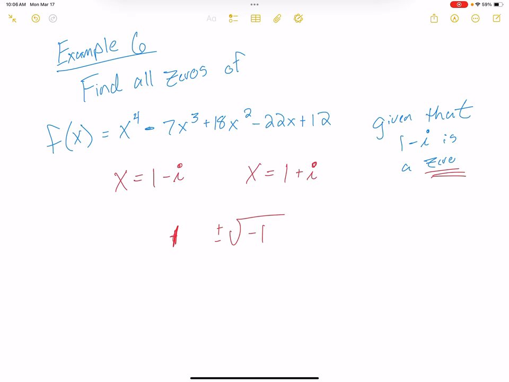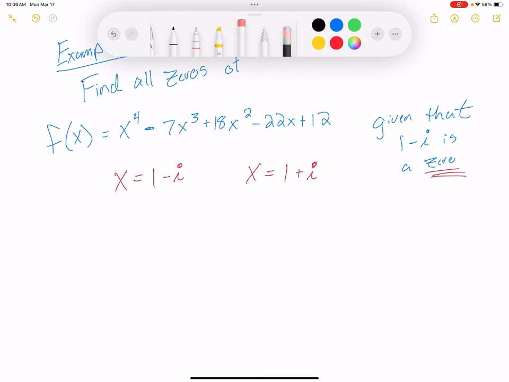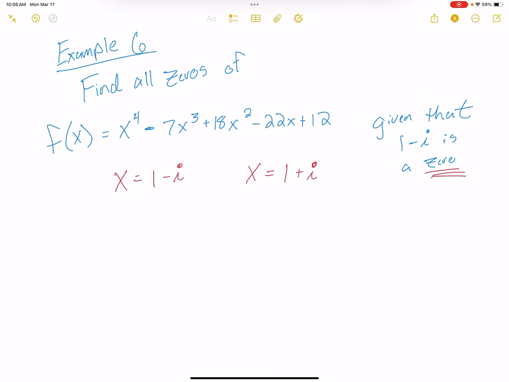Here would be the plus version, and here would be the minus version, right? But there's going to be two of them. Now, if they give you one, the other one's understood. So this one was given, and this one is understood.